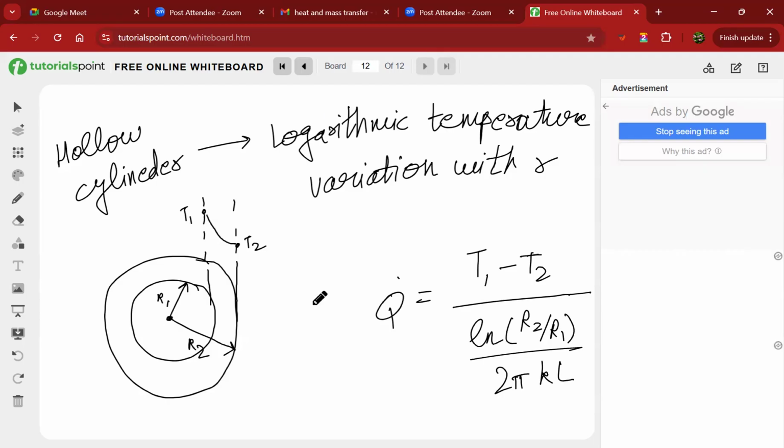So please remember this formula for the case of a hollow cylinder with no internal heat generation, one-dimensional conductive heat transfer, and where the thermal conductivity is constant.